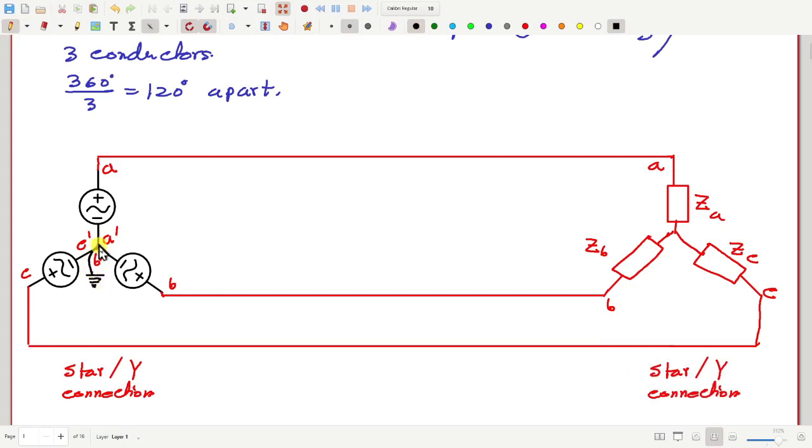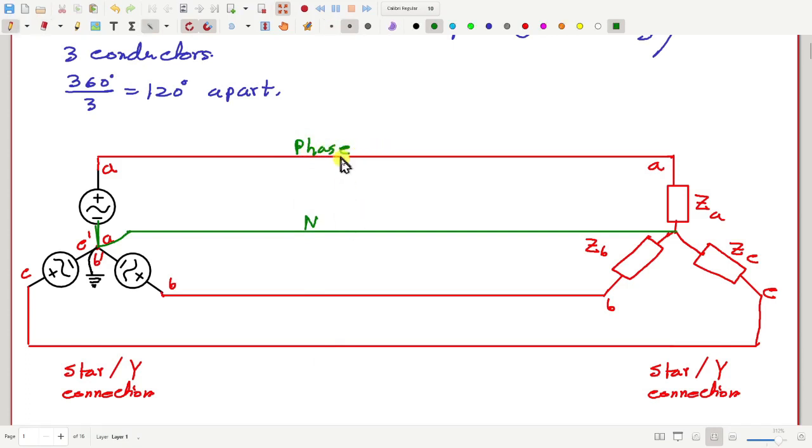We can also have another wire going from here to here, like this. Then this wire is called the neutral wire. N for neutral, and these three other wires are called phase wires.